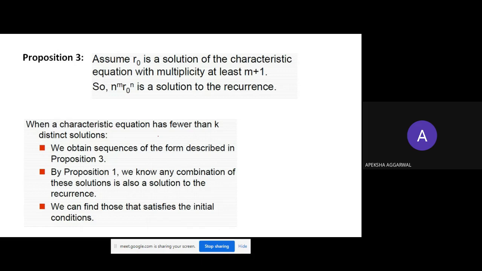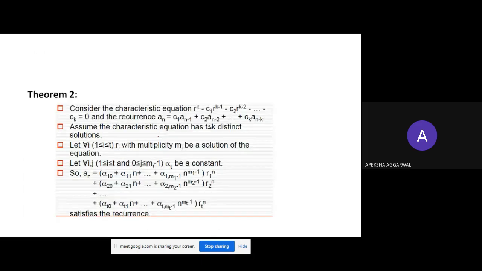Okay. Now let's see. So consider the characteristic equation given to you. This is the characteristic equation. Then the recurrence is given to you. Assume that the characteristic equation has t distinct solutions, with multiplicity m_i for each.